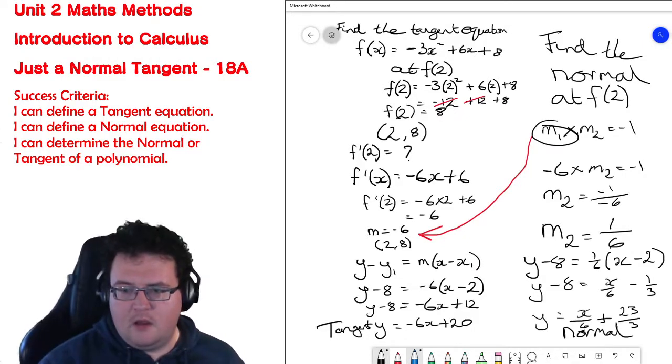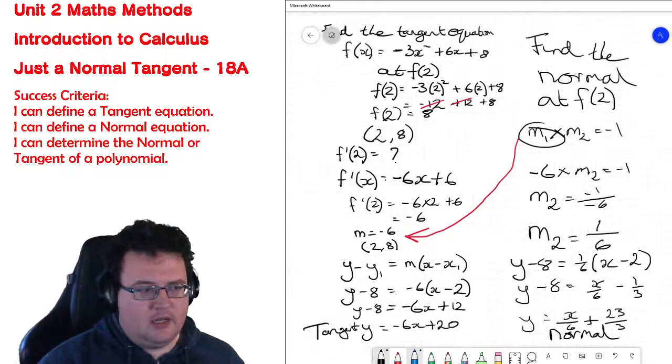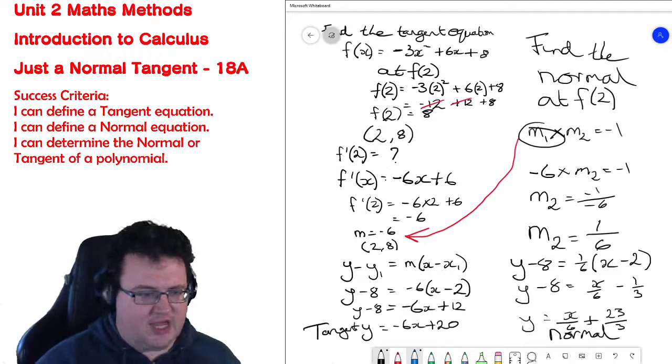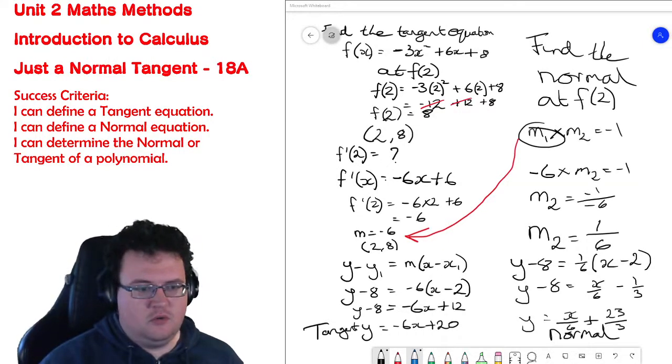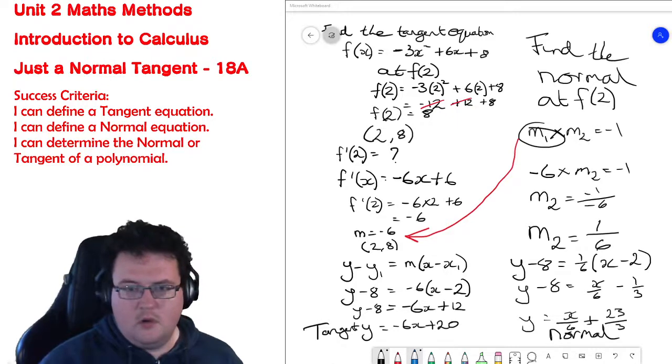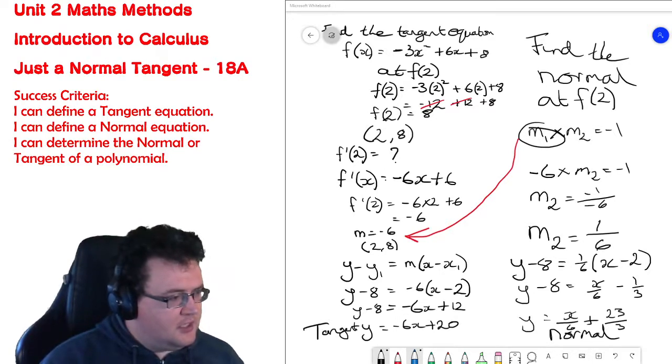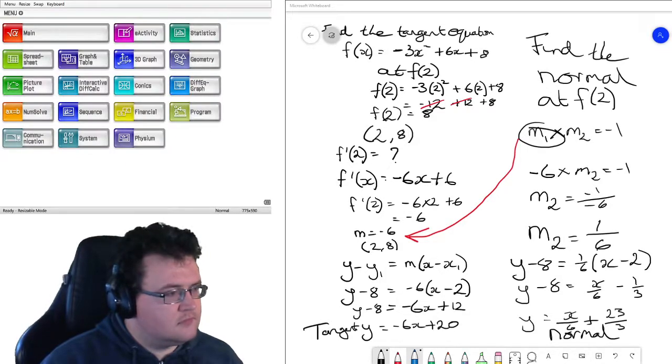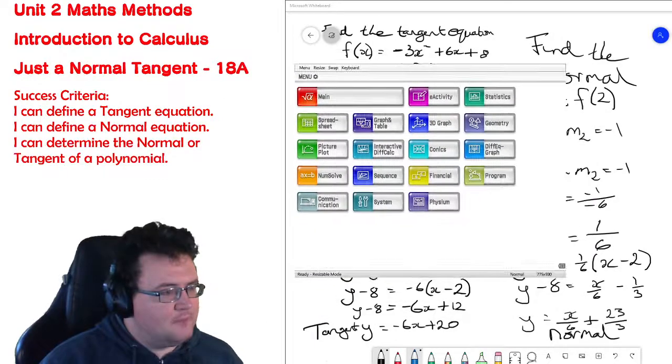So let's visualize this using our CAS, because I find it helpful to review what these things look like on our CAS. So here's our CAS.